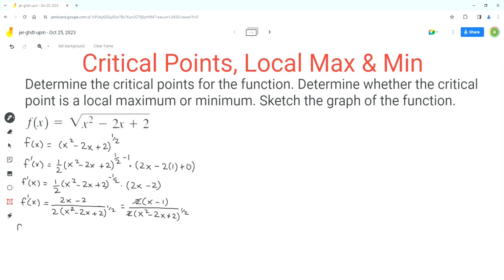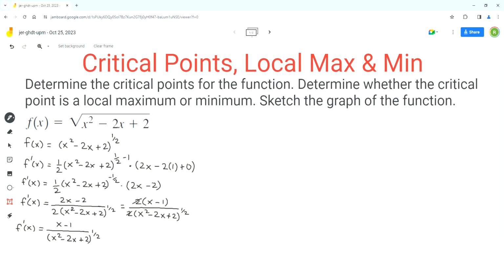So we get f prime of x equals x minus 1 over, so this is the expression for the derivative of the given function.